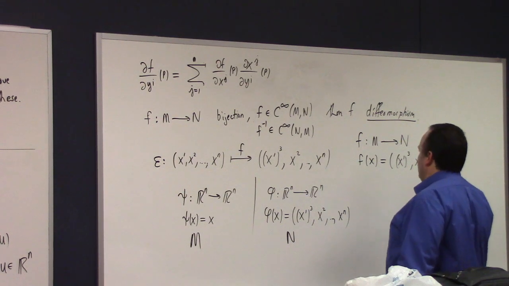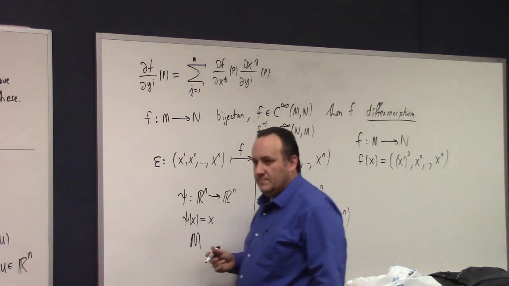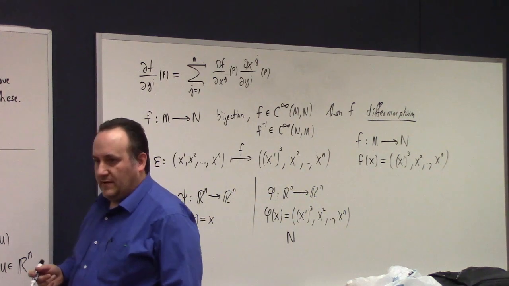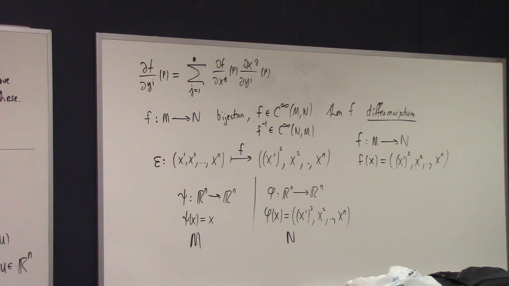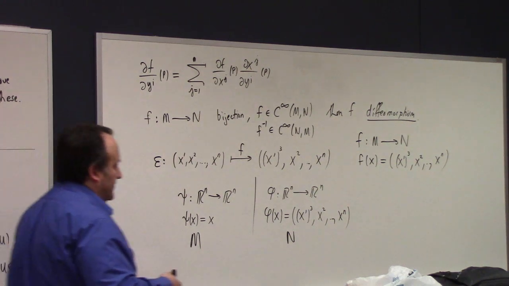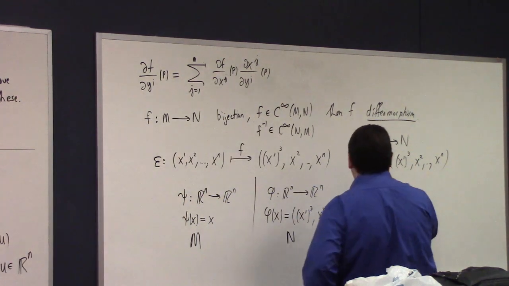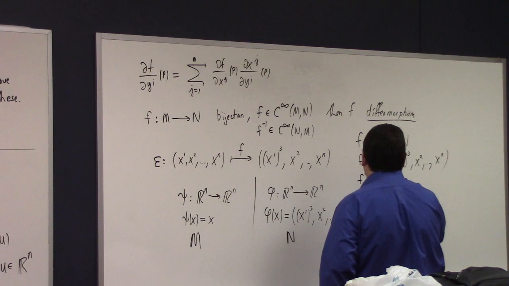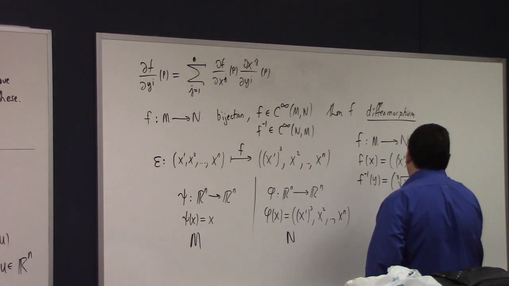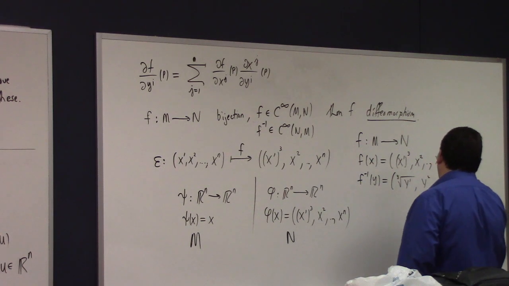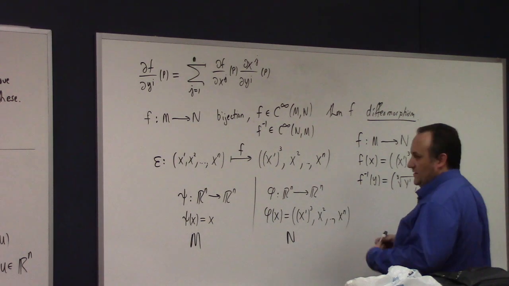The claim is that that's a diffeomorphism. What do you need to do to check that assertion of Jeffrey Lee? It's a bijection. Can you guys tell me the bijection? What's the inverse of this map? What's F inverse of y? The cube root of y1, and then everything else just the same. So there's its inverse.